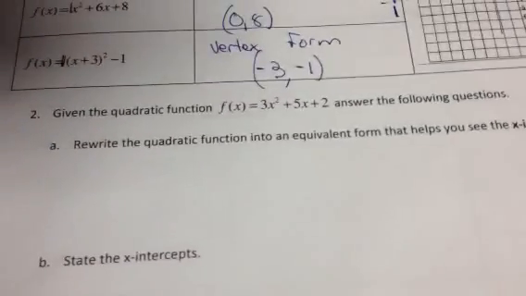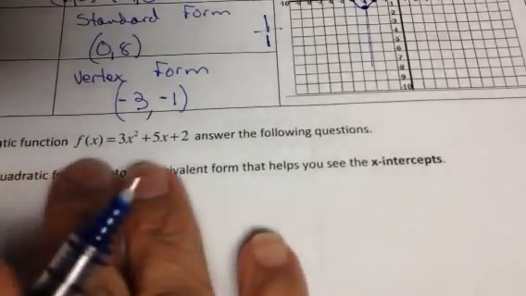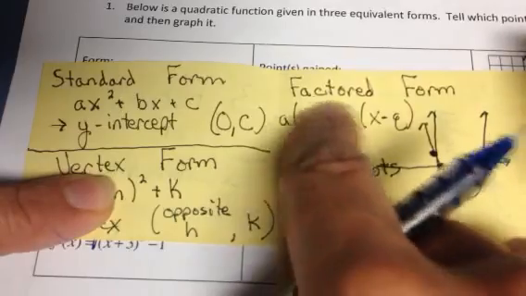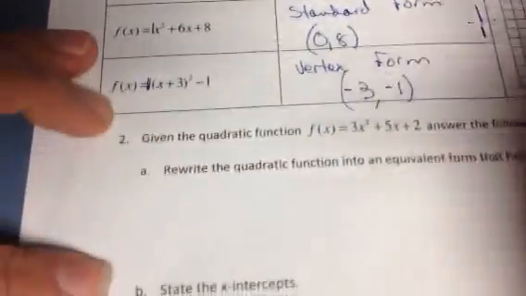Okay? All right, number 2, you're given the quadratic function. This is in standard form, and we're going to write it so that we get the x-intercepts. So, again, x-intercepts mean we're going to need to factor this for factored form. Okay? So, I'm going to take this, I'm going to make my x.